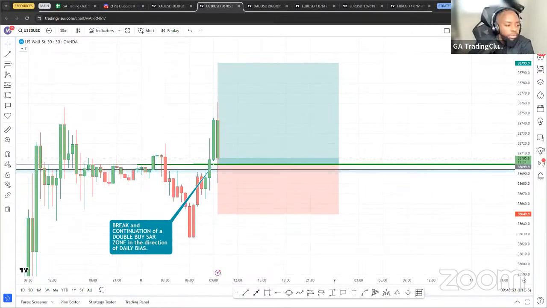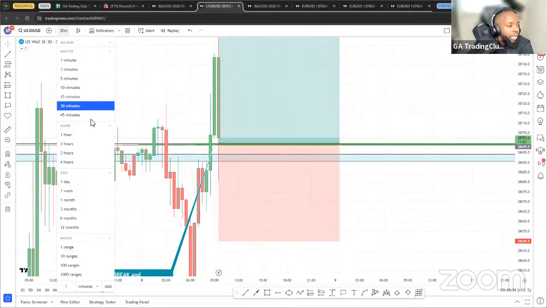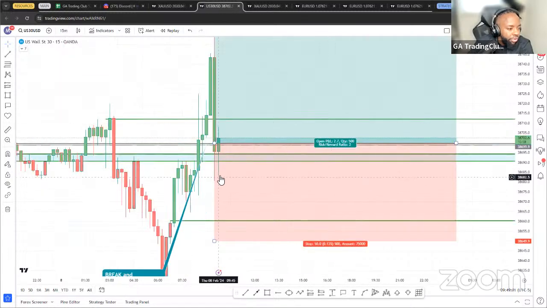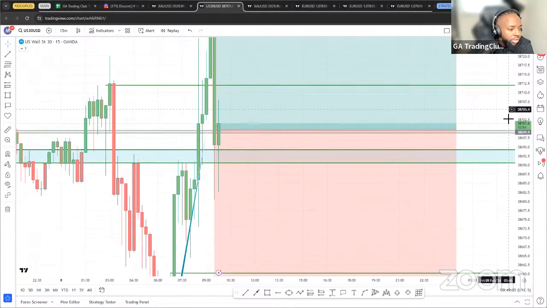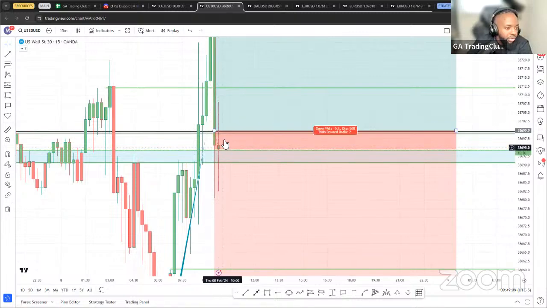Right, just coming back up. And also, we have possibly an entry for 15 minutes. On the 15-minute time frame, what's developing here is a test and rejection entry, possibly, but we'll see how that goes.